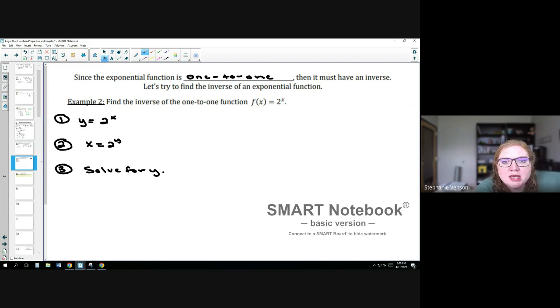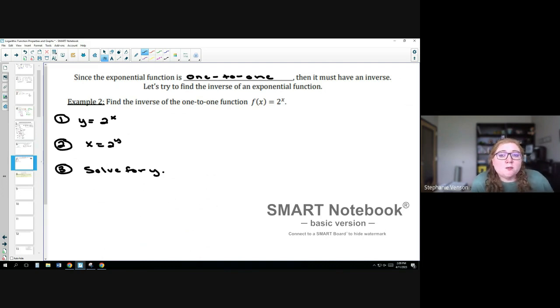And therefore, we have no way of finding the inverse of this exponential function, even though we know that the inverse has to exist because we know from the graph passing the horizontal line test that it does exist. So that's why logarithms are created.